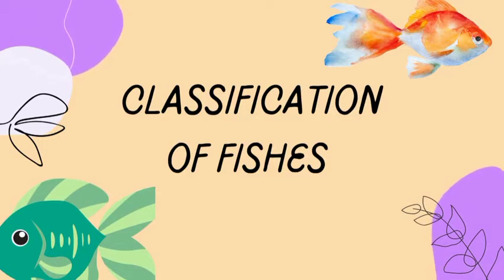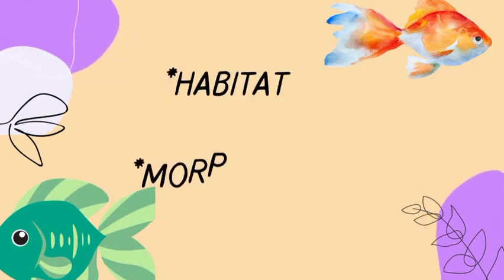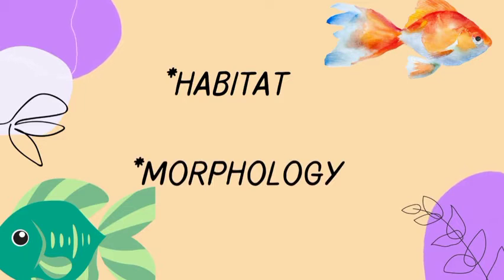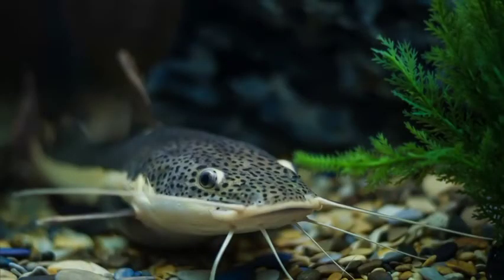Classification of fishes. Fishes generally are classified based on two criteria. The first one is the nature of the habitat, and second, morphology. By nature of the habitat, here we mean the nature of the place where the fish is found, the dwelling place of the fish.